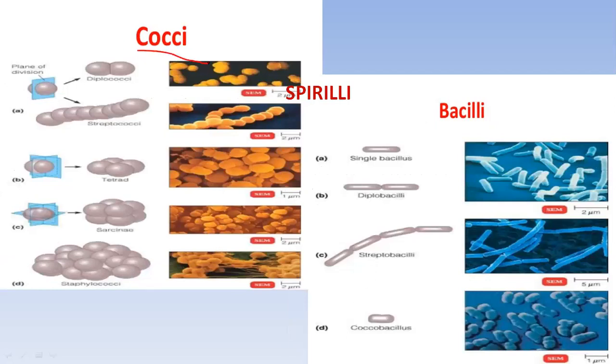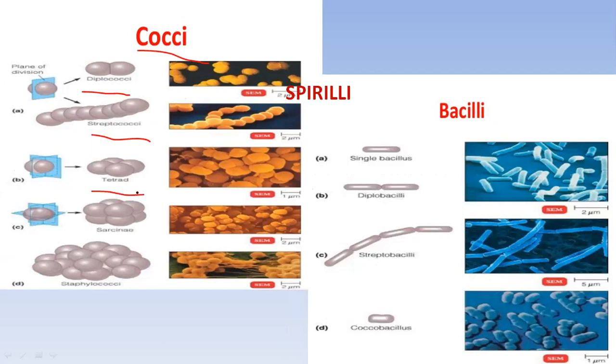Now we will see cocci, which have different types of arrangements. Diplococci are two cocci present together, joined together. Then streptococcus makes a beaded, rod-like structure.